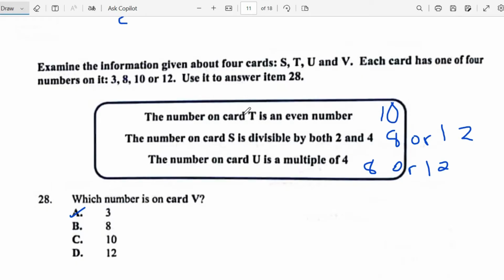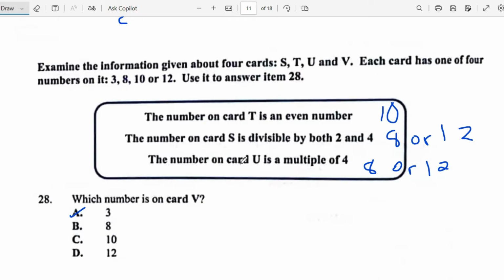The number on card T is an even number, and this can be 10. It can also be 8 or 12, but I just chose 10 because I'm also looking at the option to say the number on card S is divisible by both 2 and 4, and therefore it can be 8 or 12.